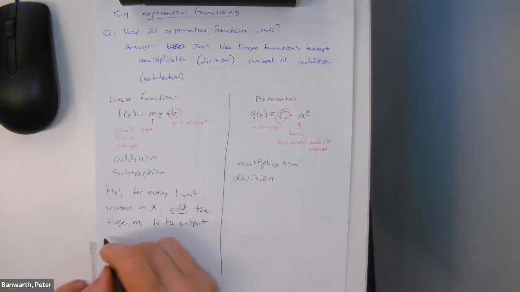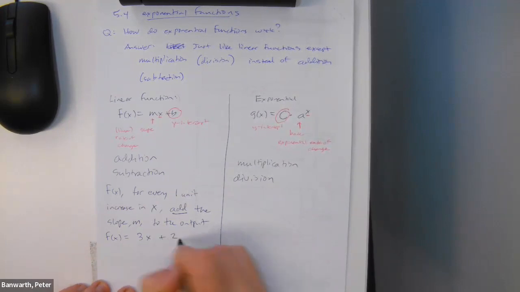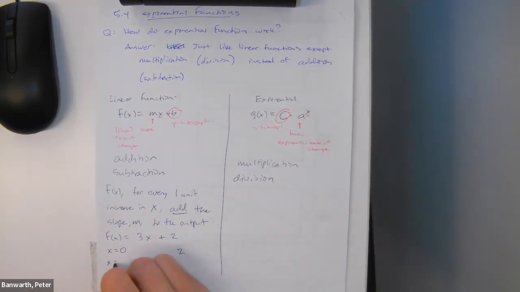So as an example, if f of x equals 3x plus 2, when I have x equals 0, I have 2. If I increase x by 1, I have 2 plus 3, which is 5. If I increase x again, I have 2 plus 3 plus 3, which equals 8. I'm adding that slope every time.